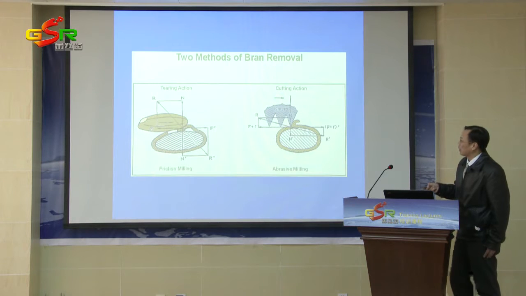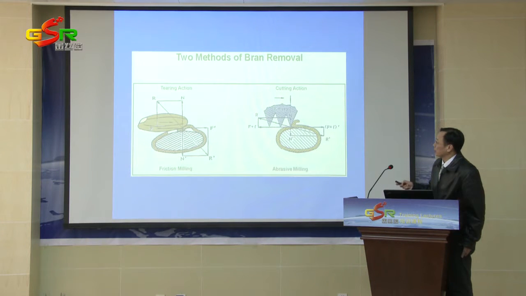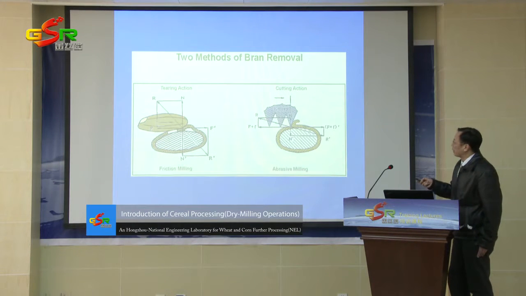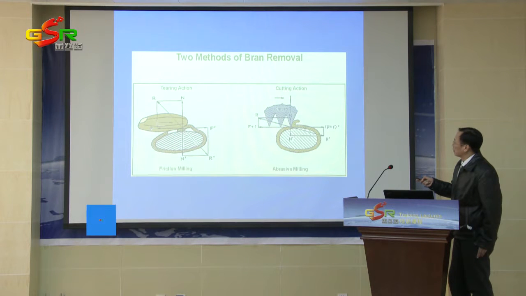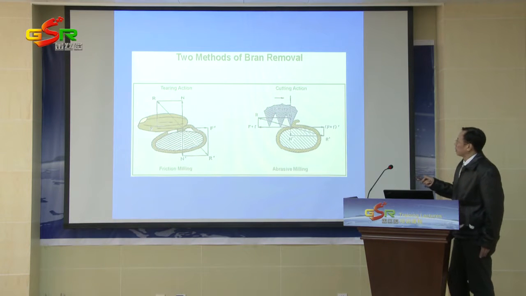The first is friction milling, using friction to remove the bran. And this is abrasive milling, using emery to cut the surface of the brown rice, so that the surface of the brown rice can be removed.